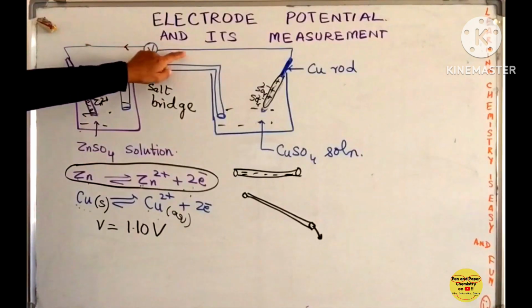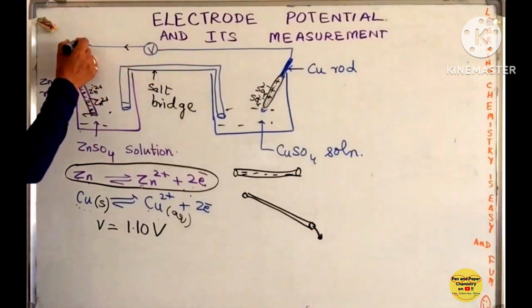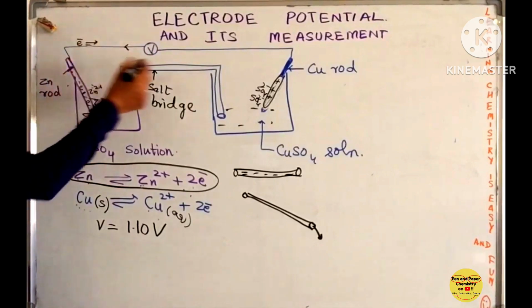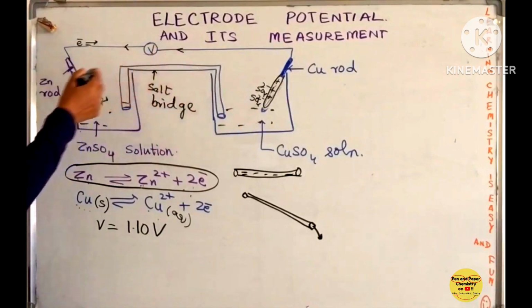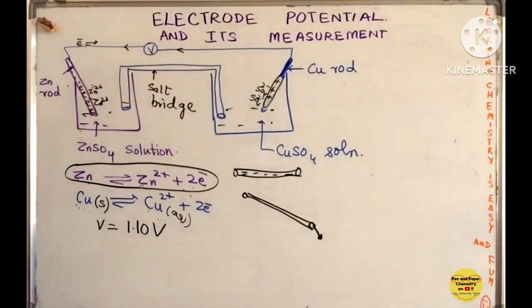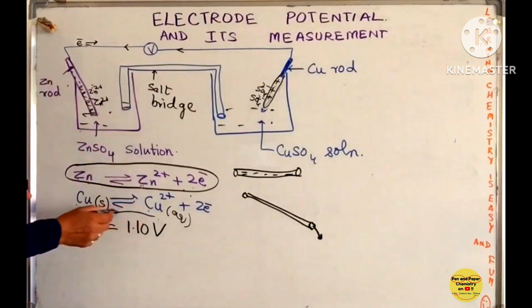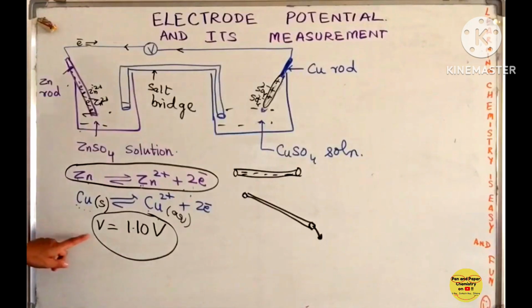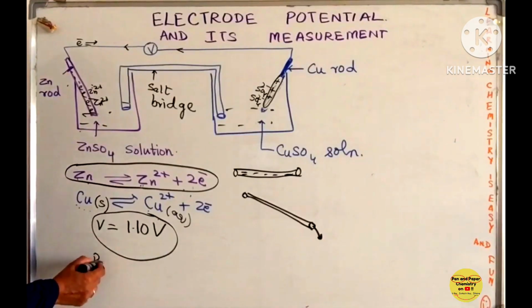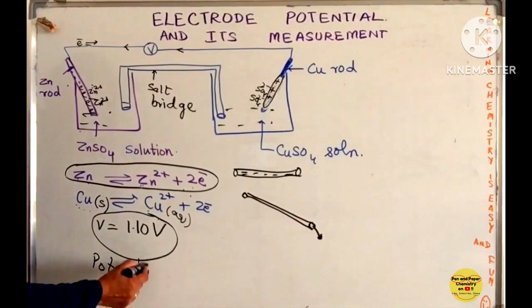When we connect them by a wire, because of this difference in level, electrons begin to flow from zinc to copper, or what we say is that the conventional current flows in the opposite direction, that means from copper to zinc. When this potential difference between the two electrodes is measured, it is 1.10 volt.